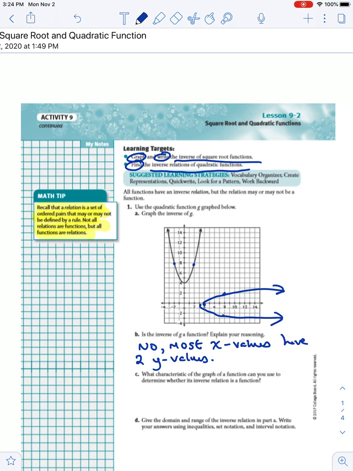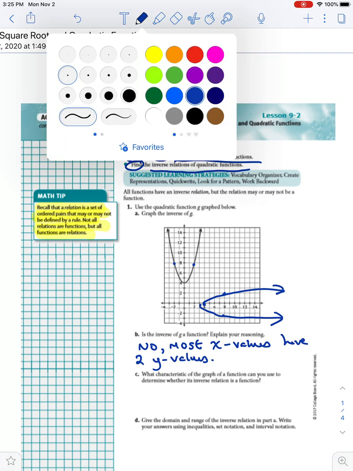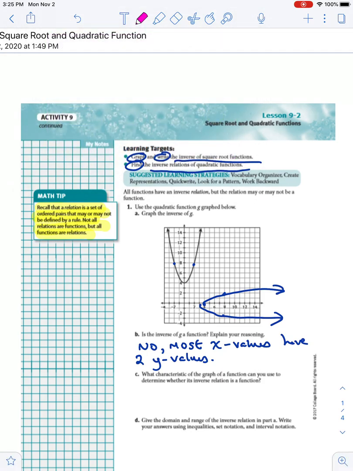And what characteristic of the graph of a function can you use to determine whether its inverse relation is a function? From the original function, we knew that that was a function because it passes the vertical line test. Well, if we were to try a horizontal line test, we would see that it does not pass the horizontal line test, it does hit in more than one spot horizontally, which means that its inverse would not be a function.